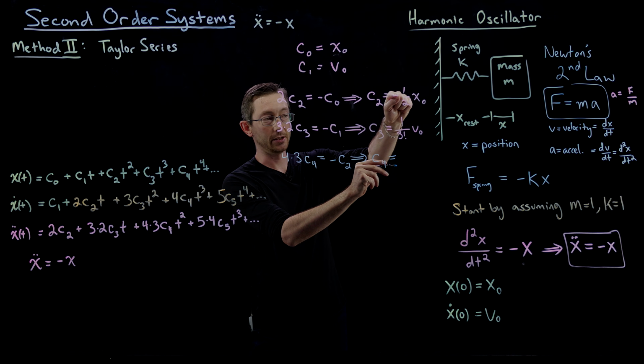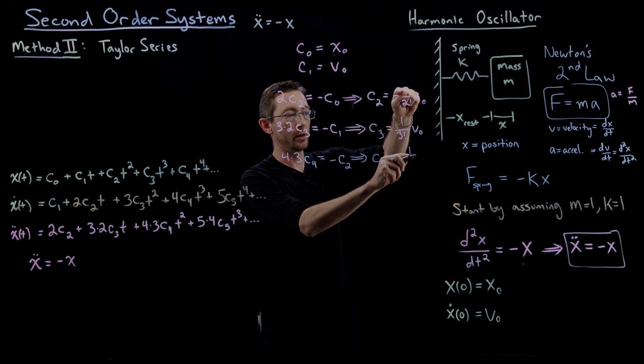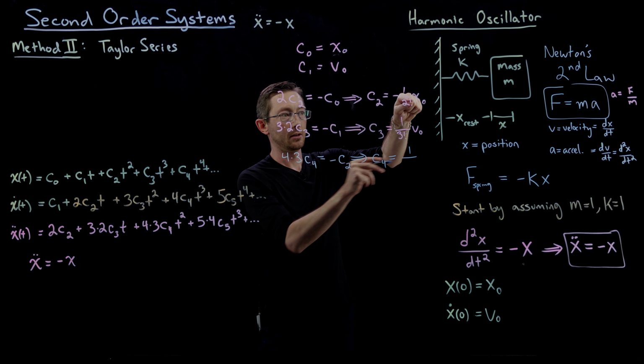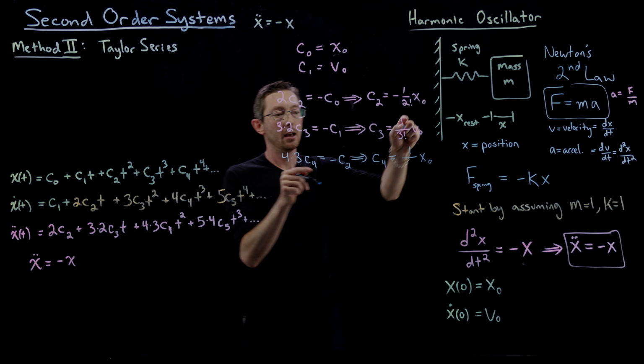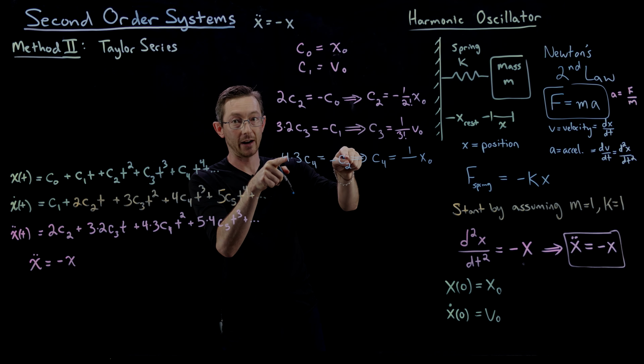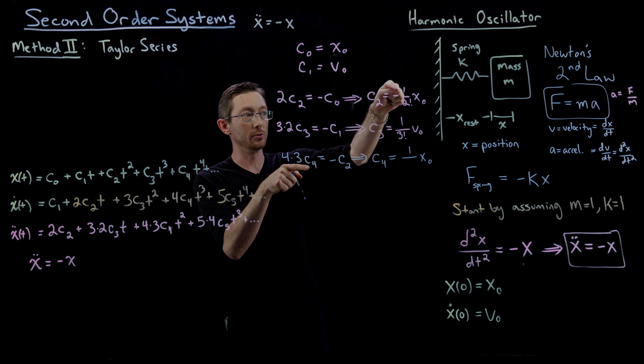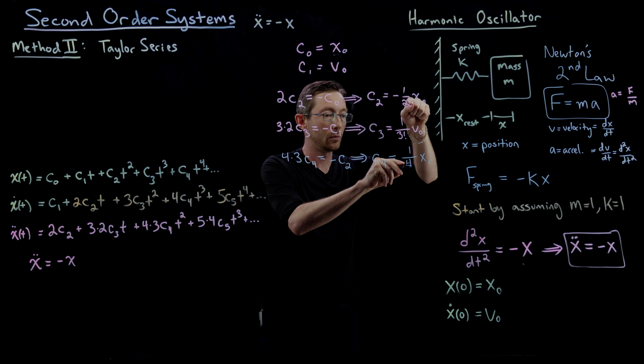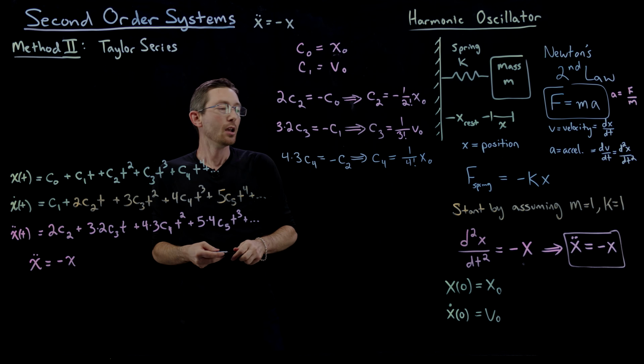And minus C2 is 1 over 2 factorial times x0. And so minus C2 divided by 4 divided by 3 is 1 over 2 times 3 times 4, which is 4 factorial.